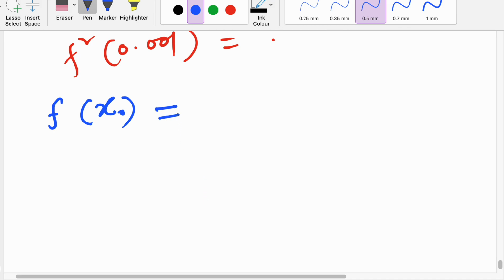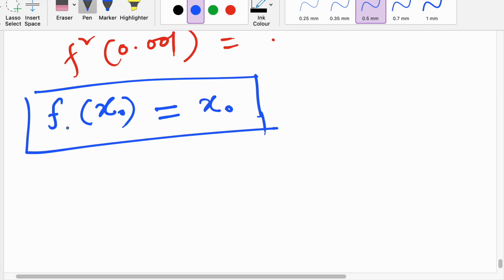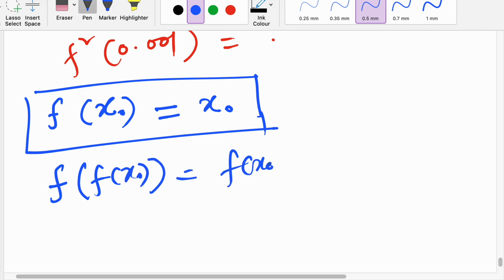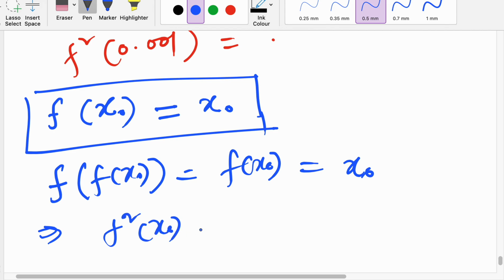Then it remains fixed under the action of f. Now if I apply another f on f of x0, since f of x0 remains x0 from the definition of a fixed point, then f square x0 will be x0.